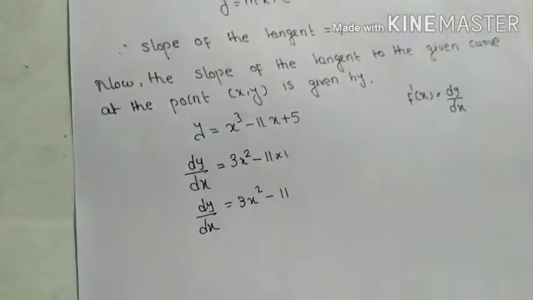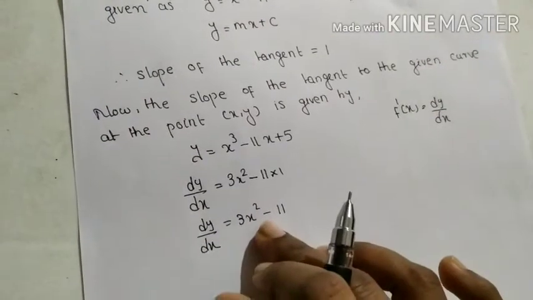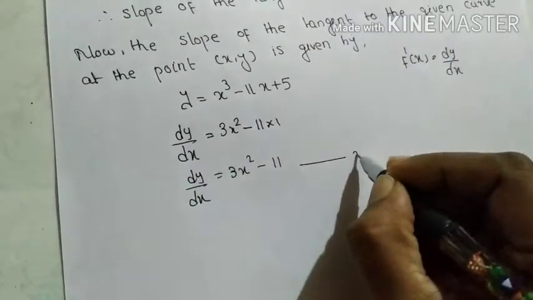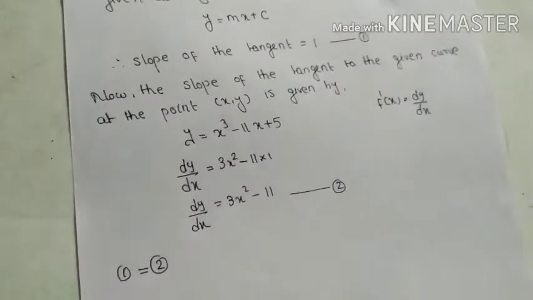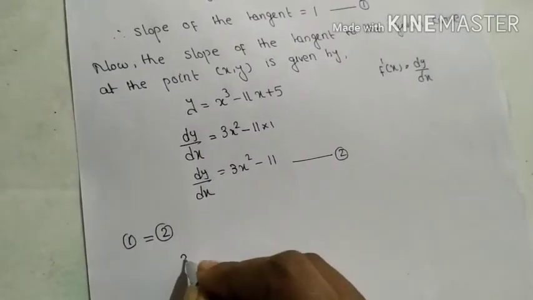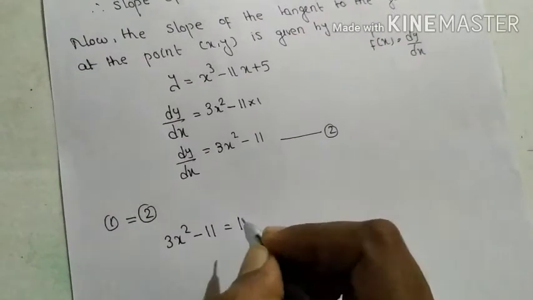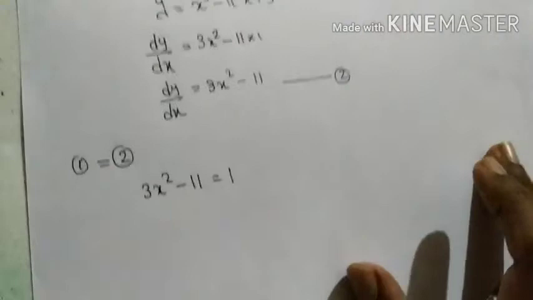Okay. Next I am going to equate these two slopes of the tangent. So let us name it as equation number 1 and equation number 2. Next I am going to equate these two equations. We get 3x square minus 11 equal to 1. Because we need to find out the point on the curve. Okay.